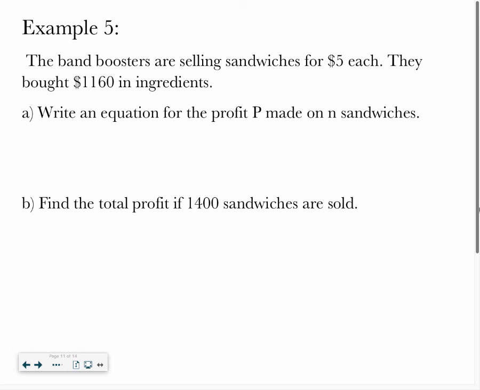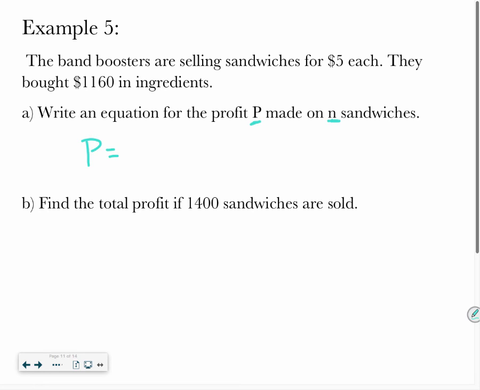Alright, let's take a look at example 5. The Band Boosters are selling sandwiches for $5 each. They bought $1,160 in ingredients. Write an equation for the profit P made on N sandwiches. Okay, so profit P made on N sandwiches. So I'm going to say P equals, okay, profit is how much money did we make.